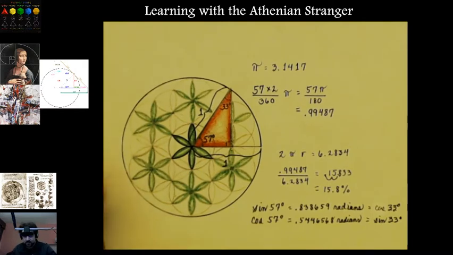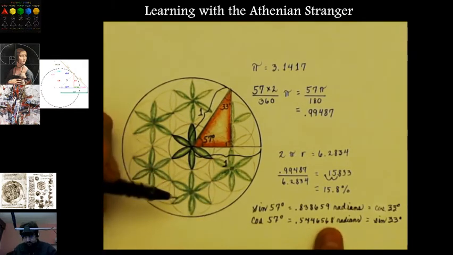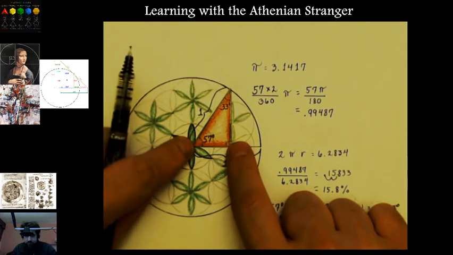So let me show you a couple things here. We know our numbers now. We know this distance will be some ratio to our 48.